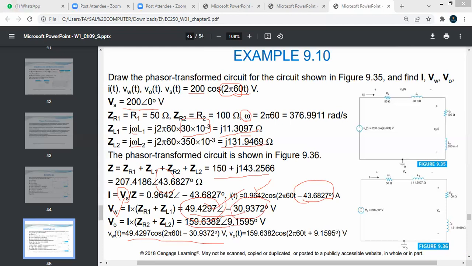Again, V naught equals this value, amplitude, and this value, theta. So this is the complete solution of example 9.10. Now moving towards the next example.